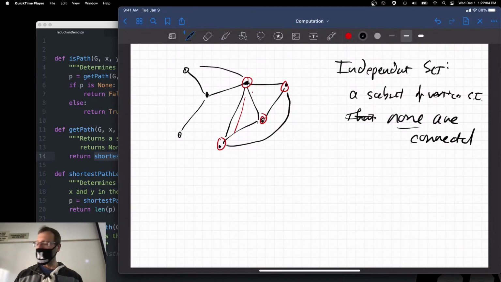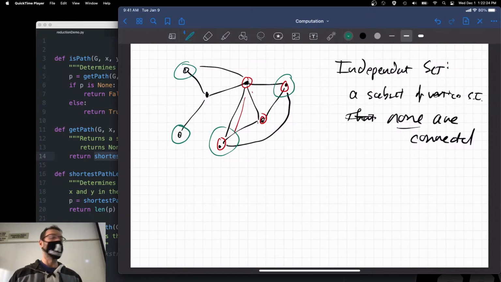So what's an independent set over here? If I take this one, and this one, and then that kills that one, so let's take this one and this one. Those 4 green ones are not connected at all, right? Oh, darn it. Yep, you're right, that killed that one. So there's an independent set of size 3. Finding a maximum clique and finding a maximum independent set are both NP-complete problems.